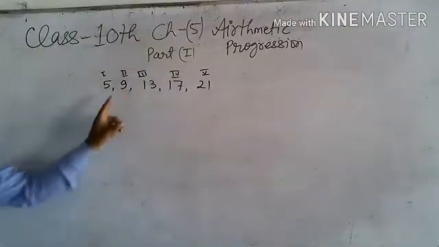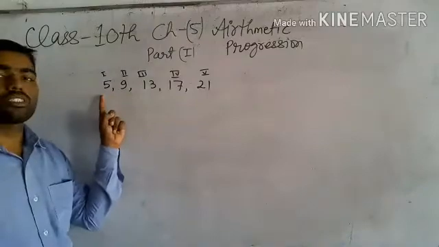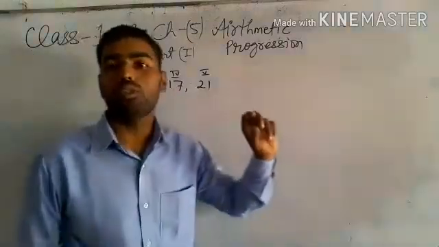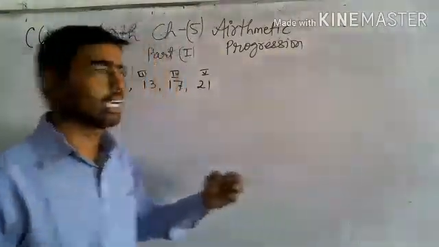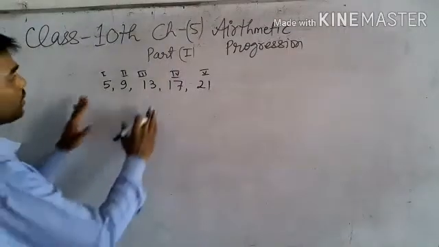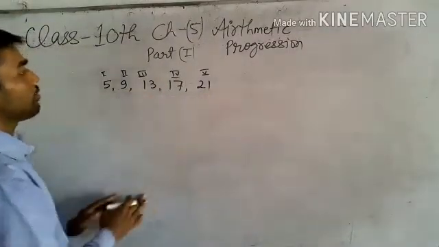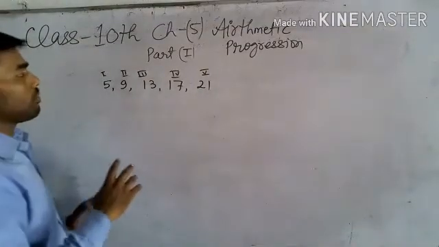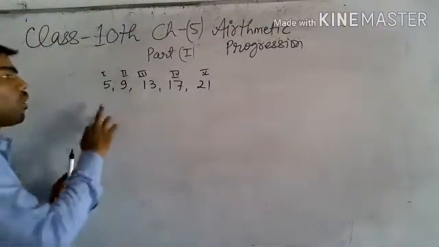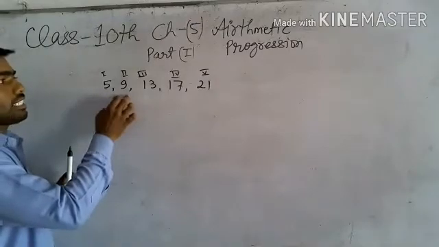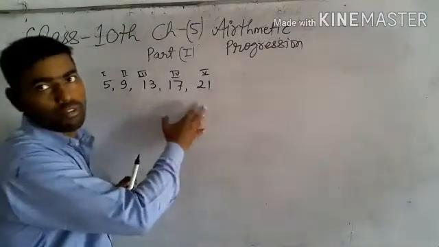Now the difference between the second and first terms. Always take the difference between two consecutive numbers; we cannot take the difference between the first and fourth, or similarly the third and fifth.